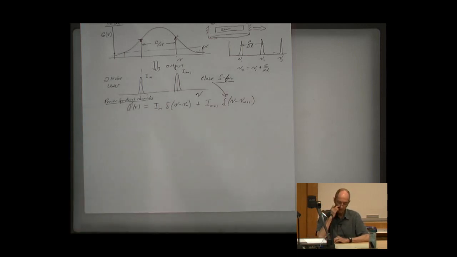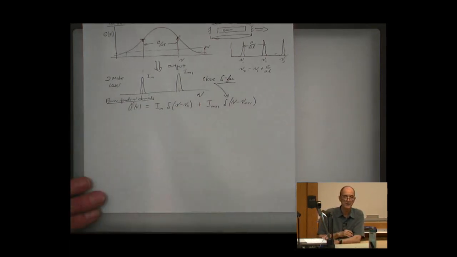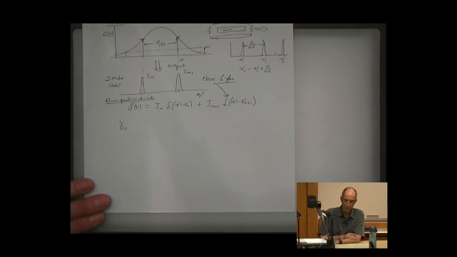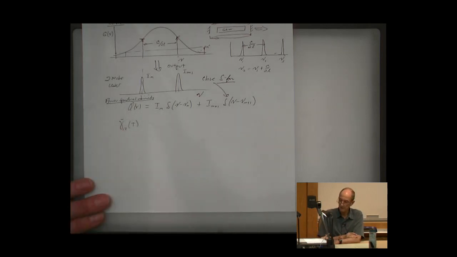All right, so now what we want to see is what is the coherence length for this two-mode laser. We can get it by writing out what our gamma 1, 2 of tau is for this source, for this power spectral density function.